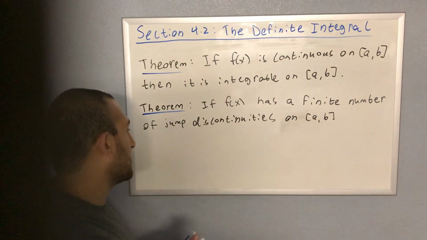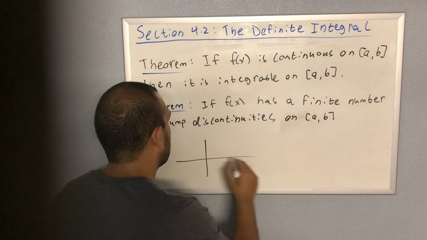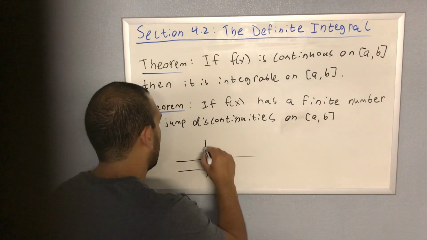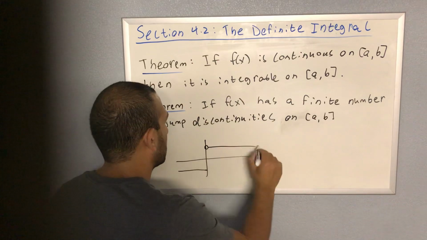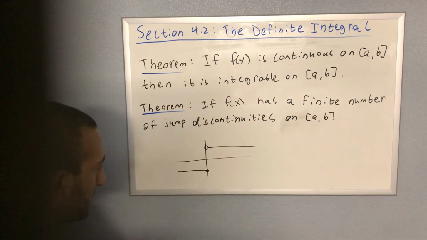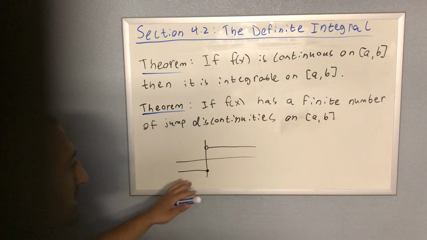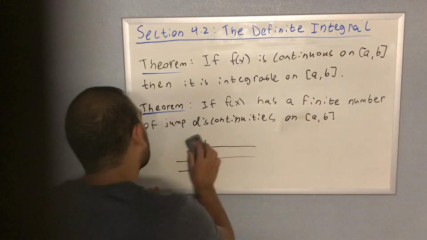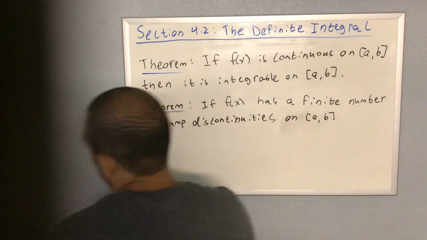Remember, these were discontinuities where the function kind of jumped from one value to the other. So let's say it was -1, and then it suddenly jumps to +1. This was a jump discontinuity. As long as you only have a finite amount of these, the function is still integrable.